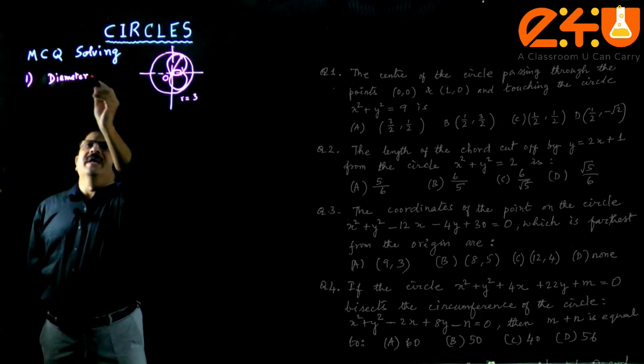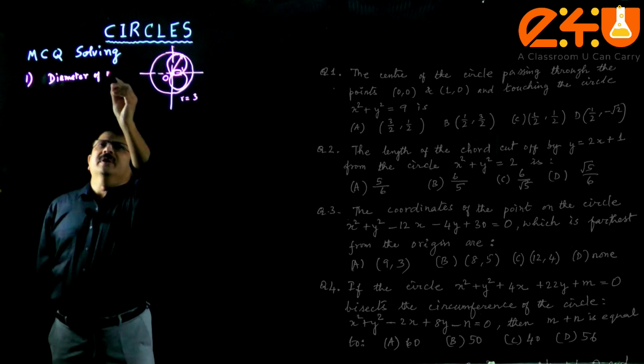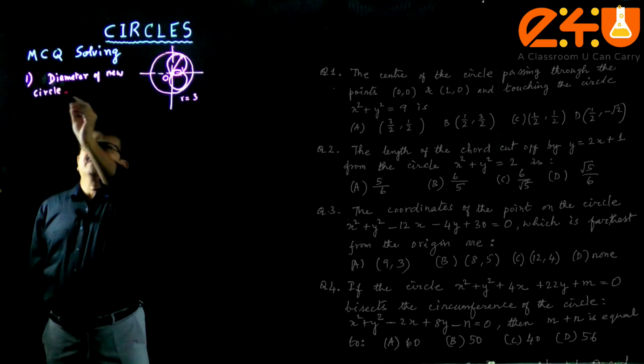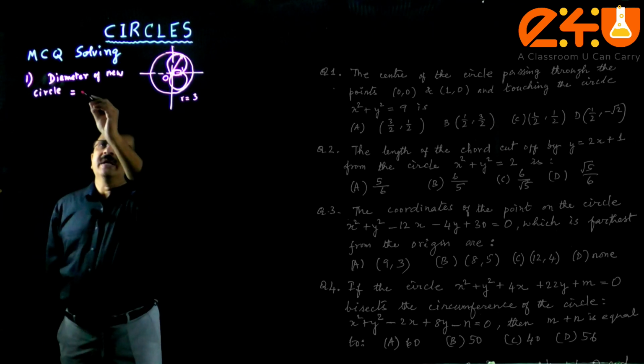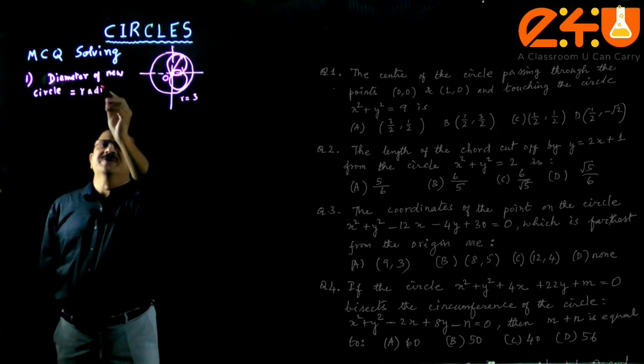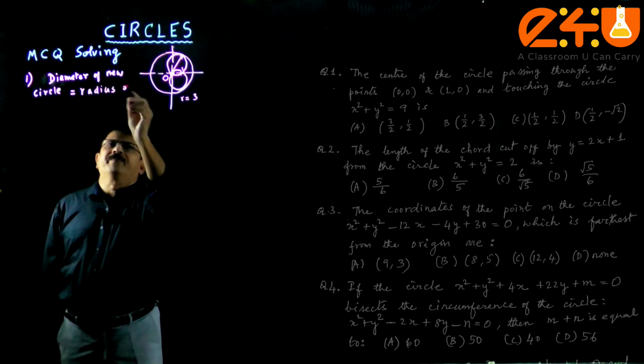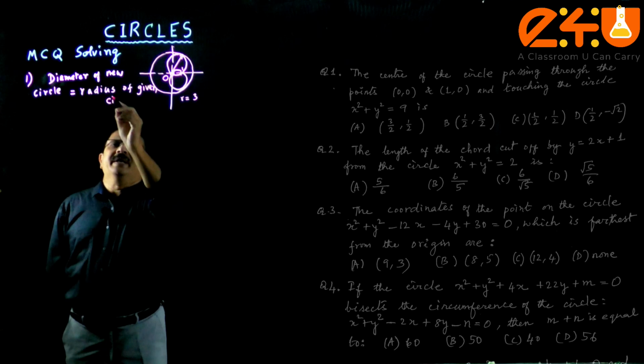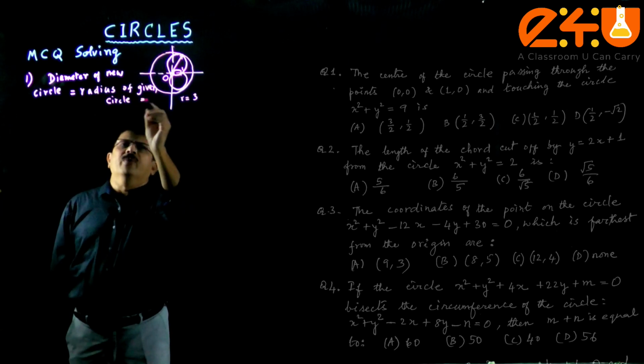So it's very simple. Diameter of the new circle equals radius of the given circle, which you already know, 3.